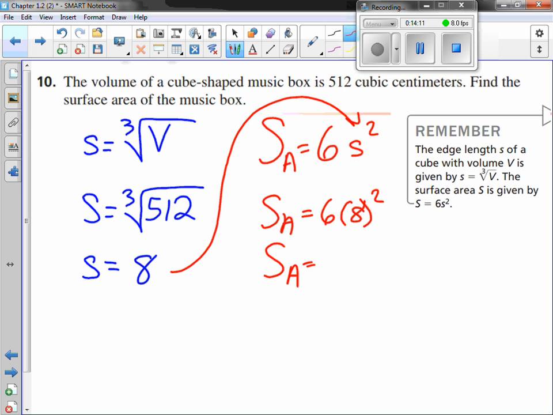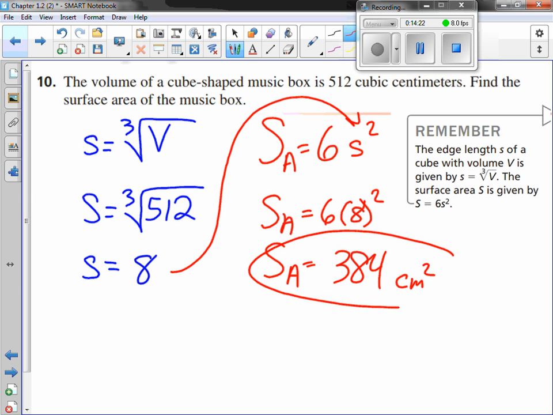And again, grab our calculator, do 6 times 8 squared. And we'll get 384, and this is going to be centimeters squared, because surface area deals in centimeters squared. And that's it. That is all we have to do for this here.